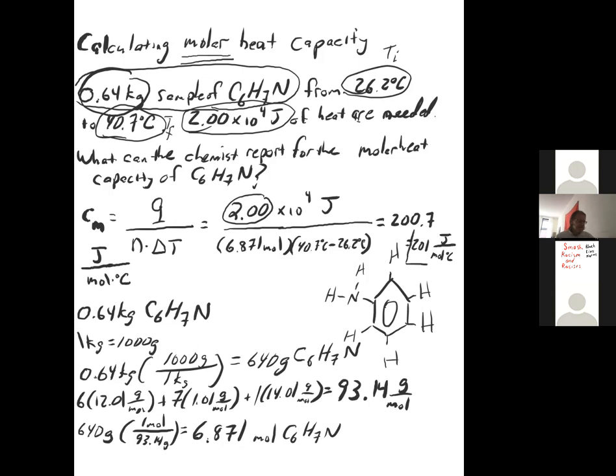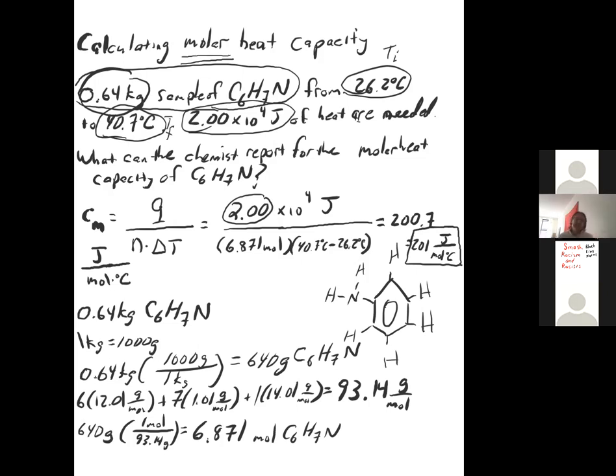Now, this is a little tricky in terms of interpreting the result. The reason is what I told you yesterday: typically, metals have specific heat capacities of less than 1, and water is very high at 4. So you're not going to expect things to have heat capacities greater than 4.